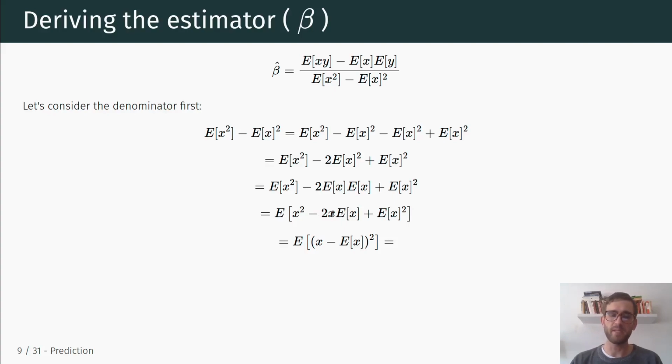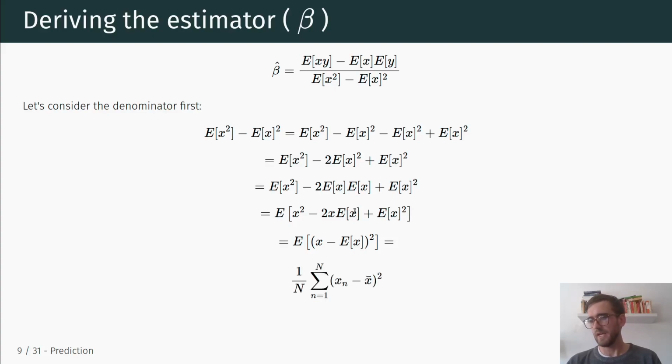which we can now basically revert that step and write this as x minus the expectation of x squared. Okay, so again, if we multiply out this square, we get back to exactly this equation.